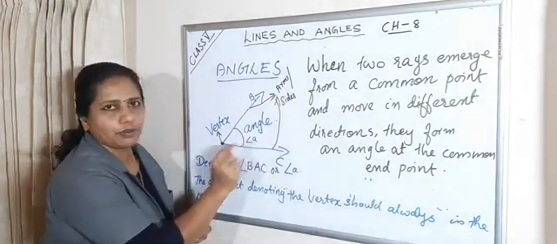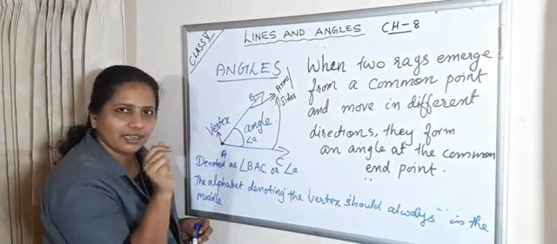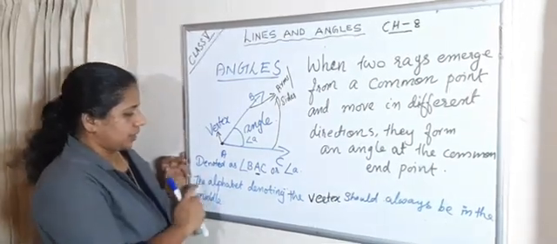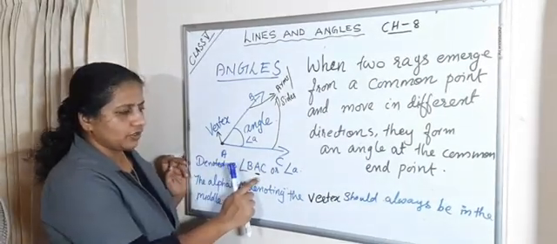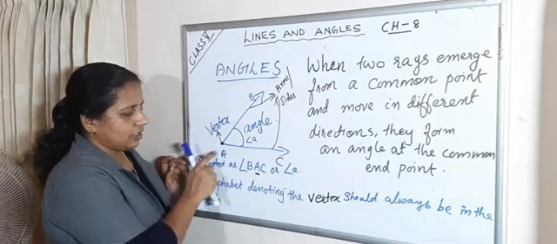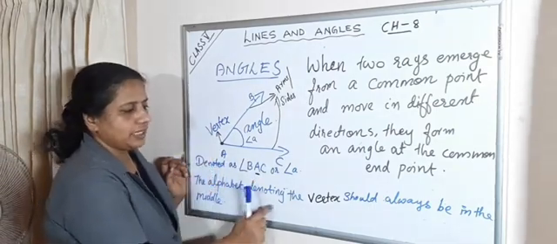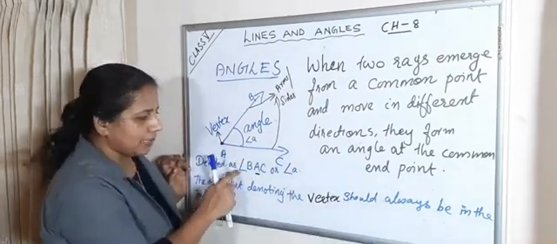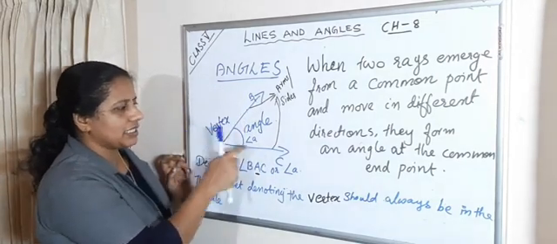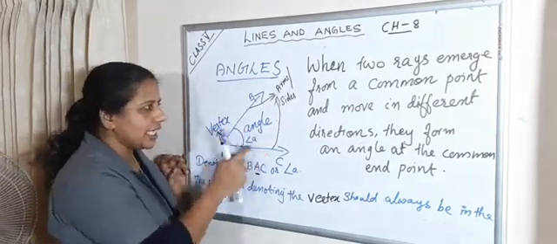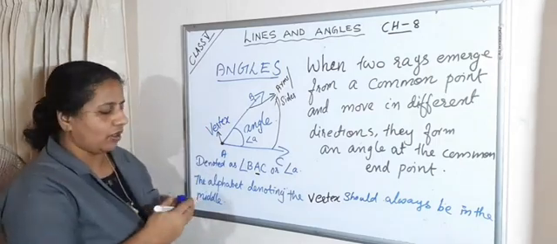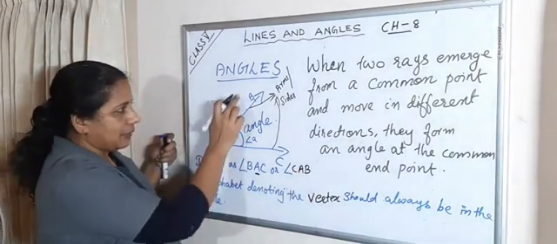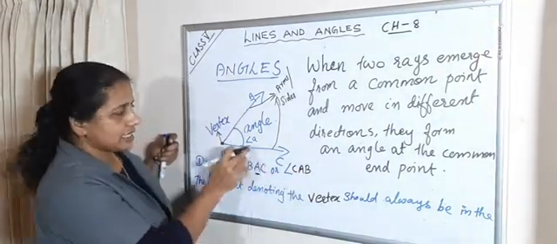Okay, using a small alphabet you can write angle A or B or C, like that. The alphabet denoting the vertex should always be in the middle, that is angle BAC, or you can write angle CAB.